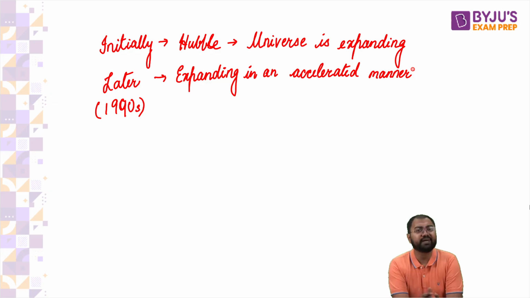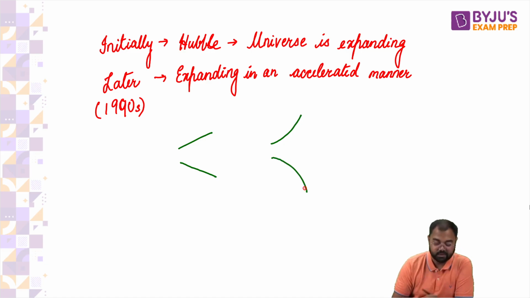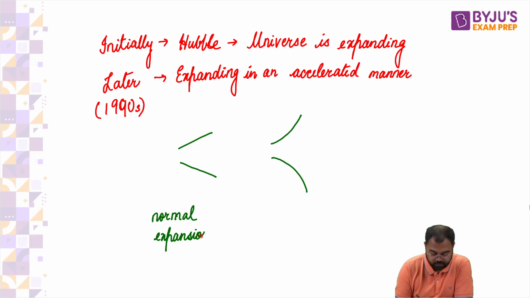Now, what do we mean by accelerated expansion versus expansion? Just to give you the context, a normal expansion will be like this, happening in a straight line, and this is what we would call accelerated expansion, like a funnel.